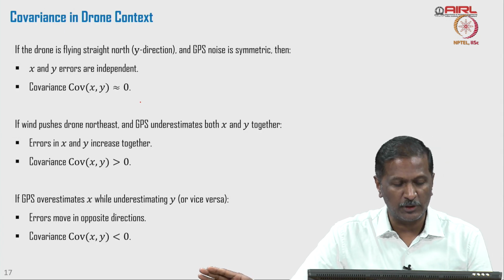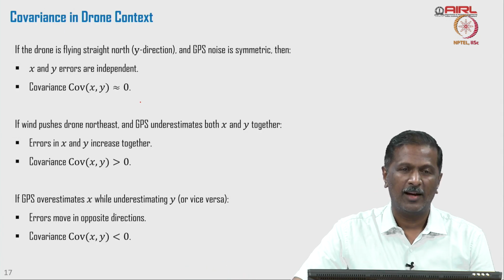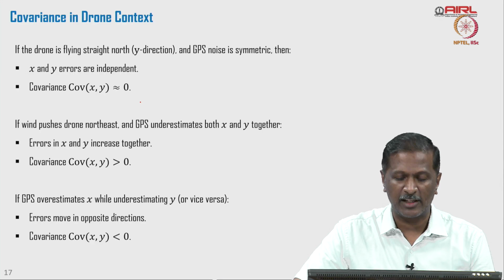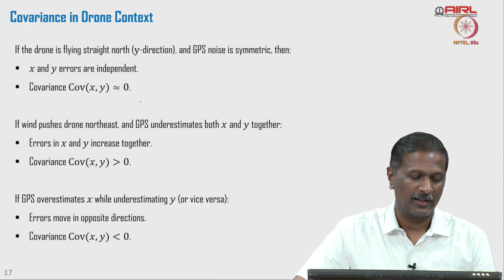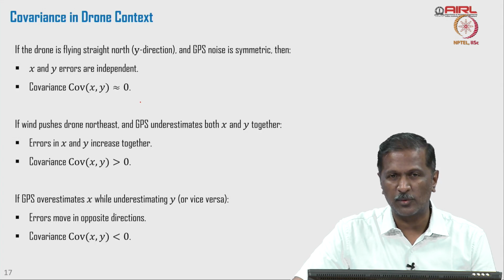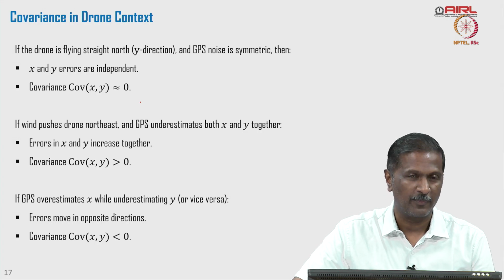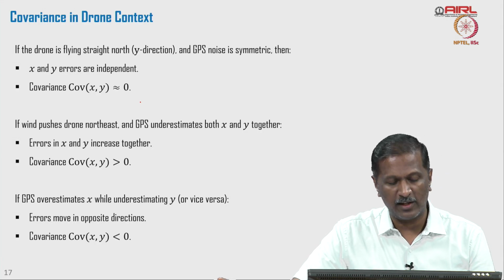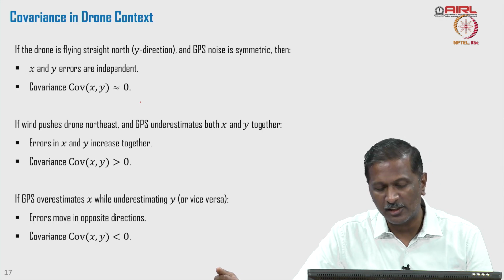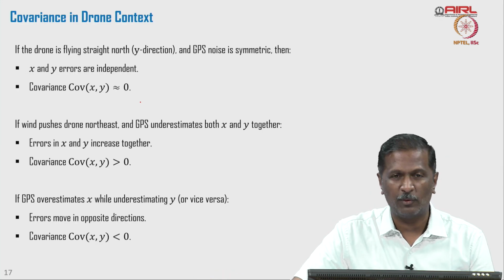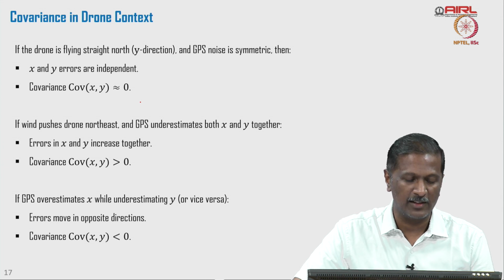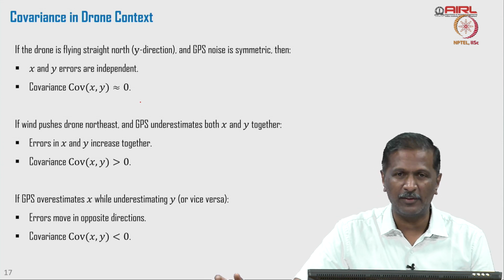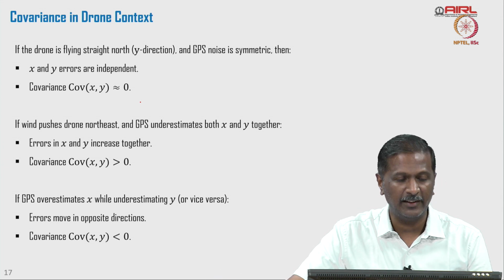If the wind pushes the drone northeast, the GPS estimates for both X and Y are off together, and the errors in XY increase together. This means the covariance of XY will increase above 0. If GPS overestimates X while underestimating Y, or vice versa, what will happen? The errors move in opposite directions, so the covariance will be less than 0. So you have to understand what is happening inside.